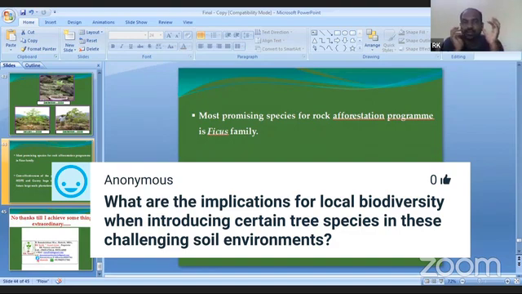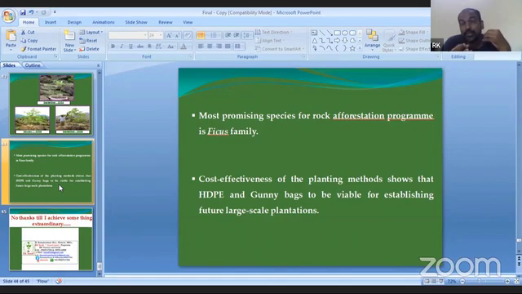This is the concept of enrichment of biodiversity. So what are the implications for local biodiversity? The main thing is that you go for fruit-bearing species. The fruits provide food security for fauna and avifauna, such as flying foxes, birds and animals.